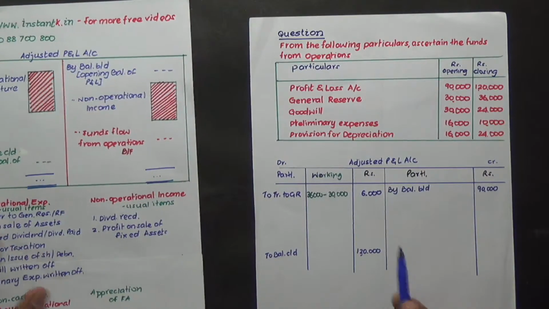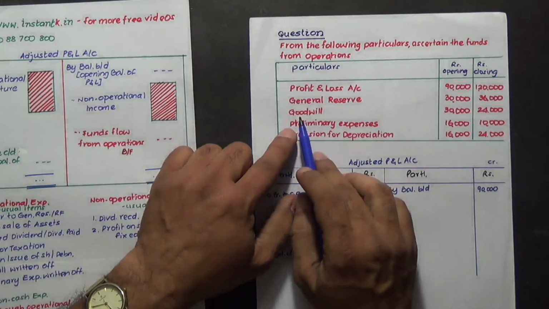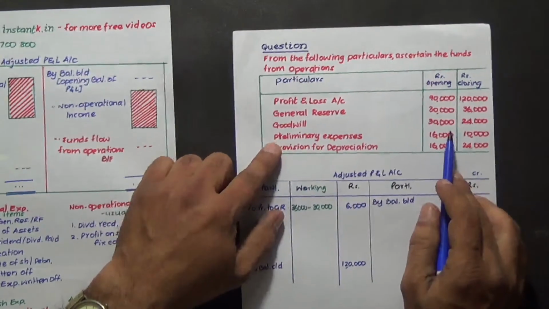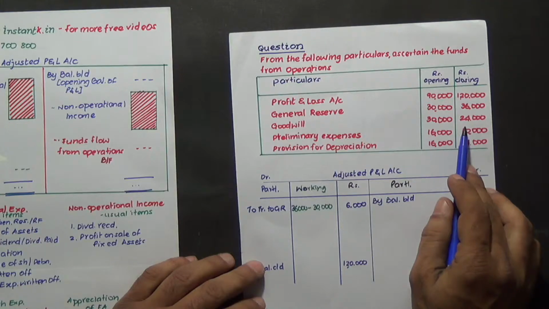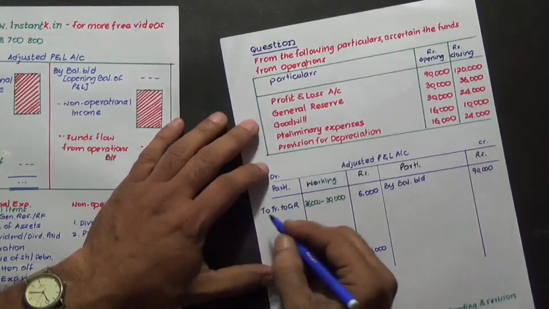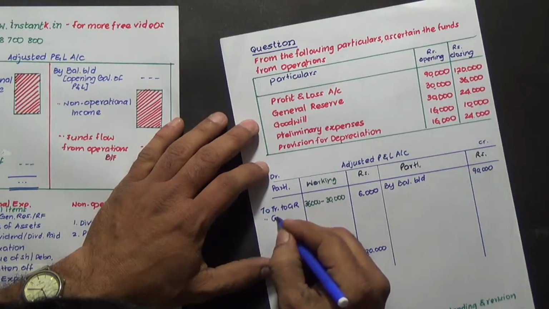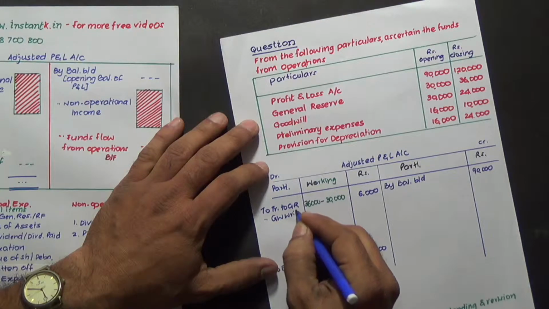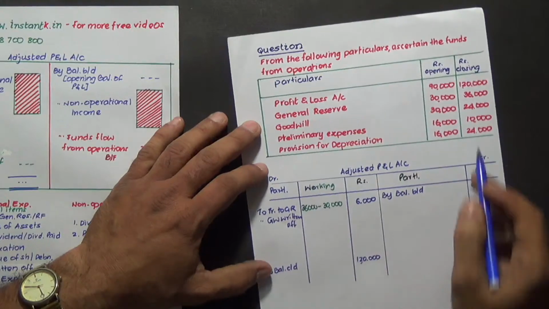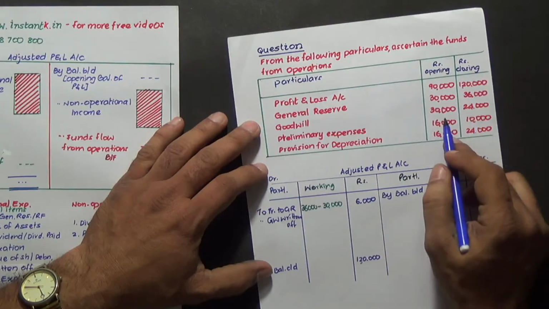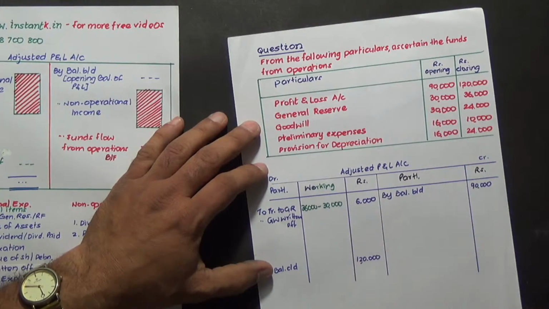Next item is goodwill written off. Goodwill is 30,000, it has become 24,000. That means there's a write-off of goodwill, to goodwill written off, 30,000 minus 24,000.